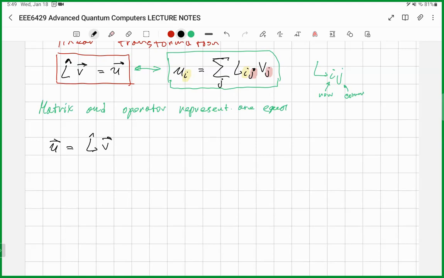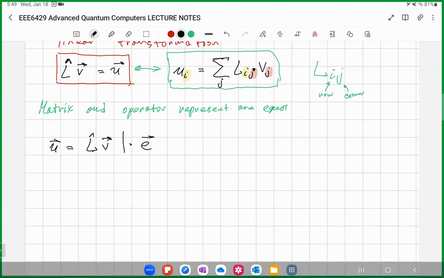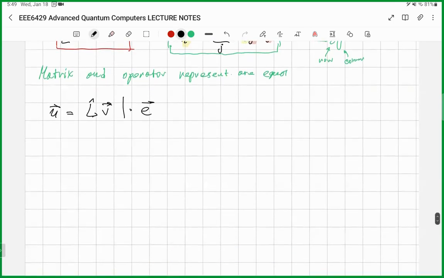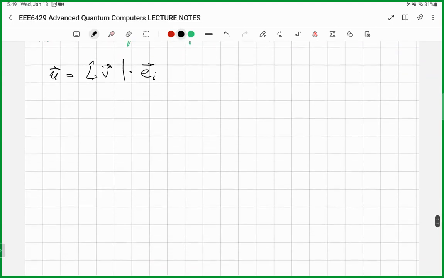So I can multiply this by the basis vector. I remind you that we are in a vector space. We set the basis, and the basis vector of this space is vector E sub I. So this is one of the basis vectors in my linear space.